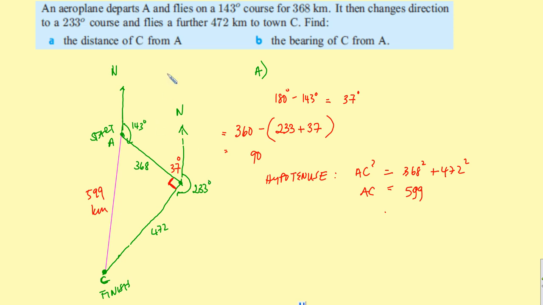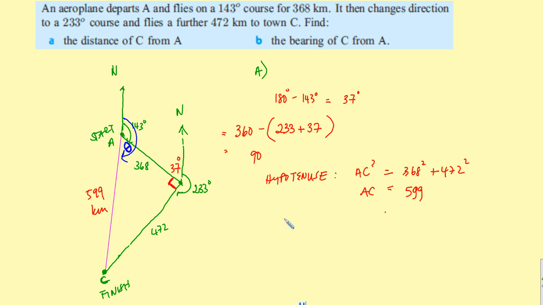All right, now we are looking for the bearing of C from A. The bearing of C from A is going to result in the blue angle that I am drawing out now, starting at A with respect to north, going towards C. We know that part of that angle is 143 degrees, but we need to figure out the angle internally here, theta, and add them up.